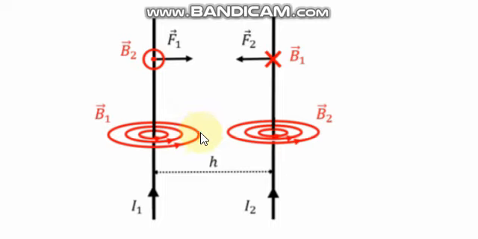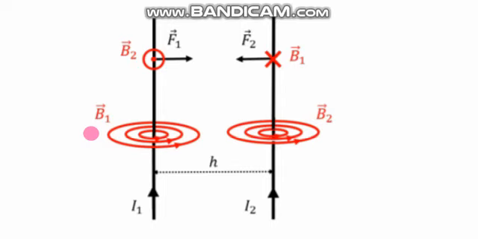So if we indicate the direction of the field on both sides of this wire, we will put a dot over here and a cross over here. Let us indicate the field by a dot because it is out of the page on this side.